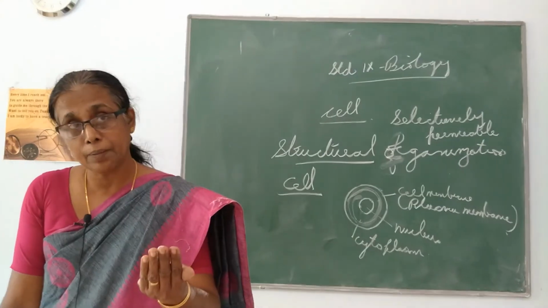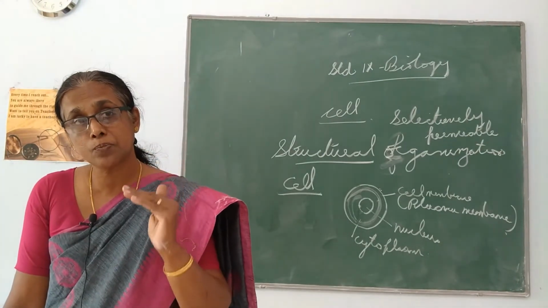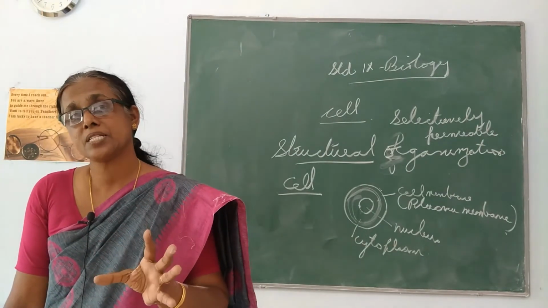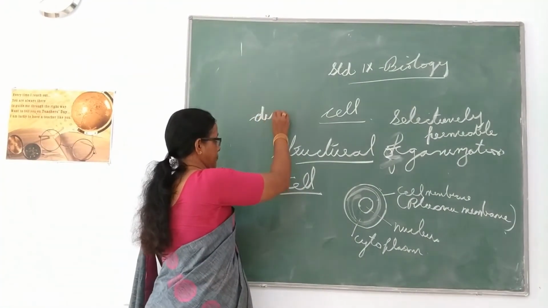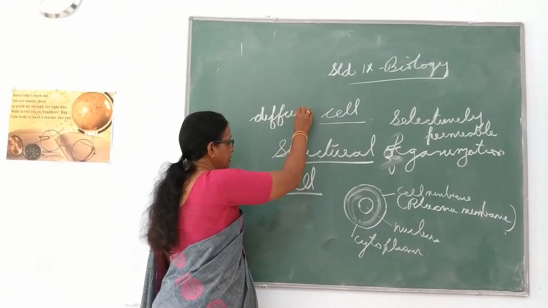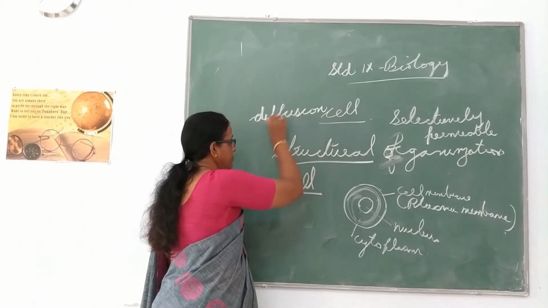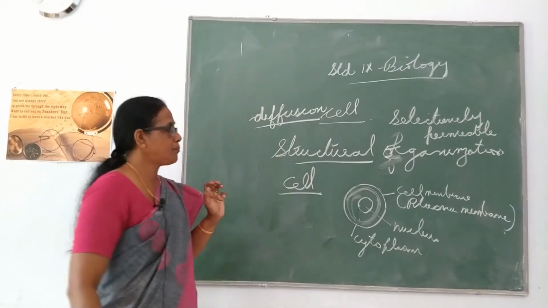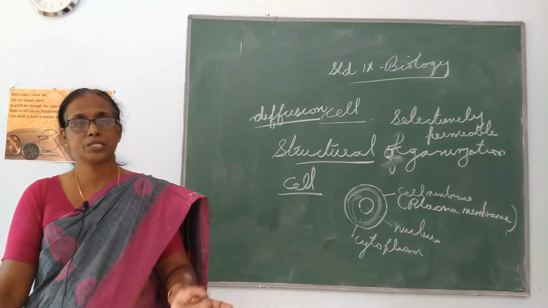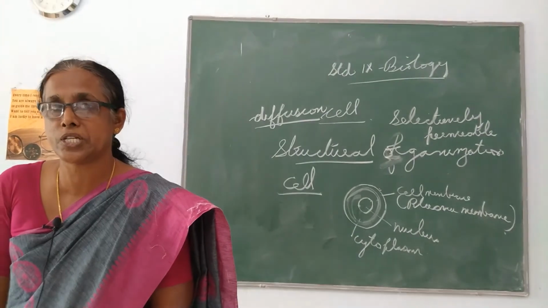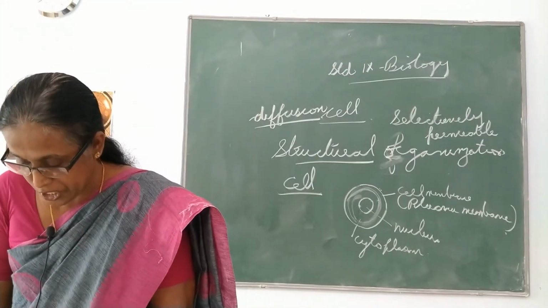How are the carbon dioxide and oxygen moving through the cell? It is by a process known as diffusion. Have you heard about the word diffusion? Diffusion means the passage of materials from a higher concentration to a lower concentration.